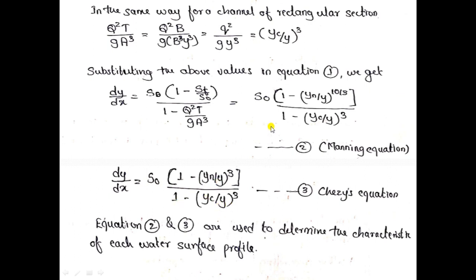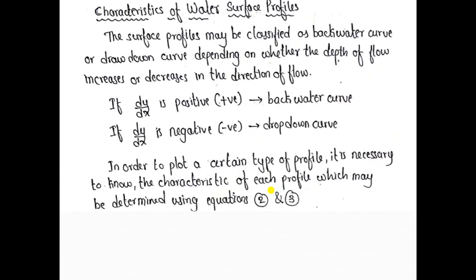So, we will be using these two equations, equation 2 and equation 3, to study the characteristics of each water surface profile. Now, coming to the characteristics of water surface profile. The surface profile we can classify as backwater curve or drawdown curve depending upon whether the depth of flow increases or decreases in the direction of flow.